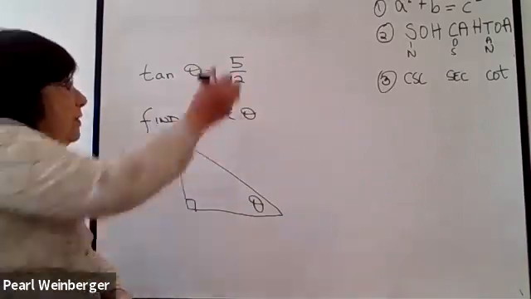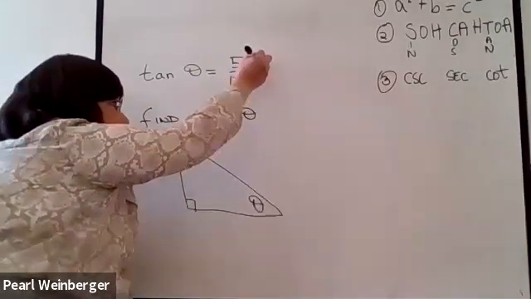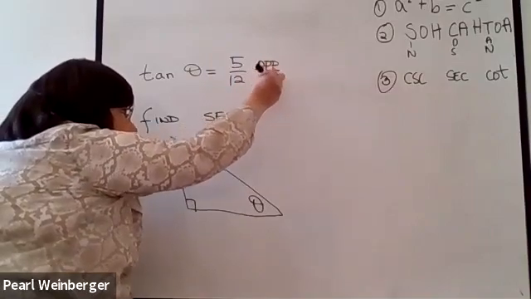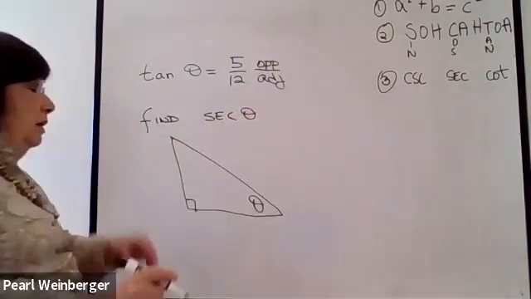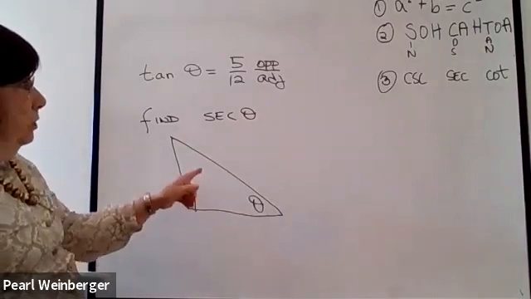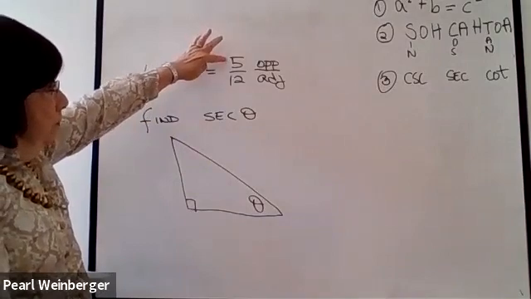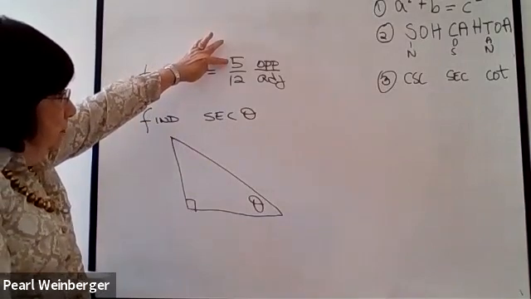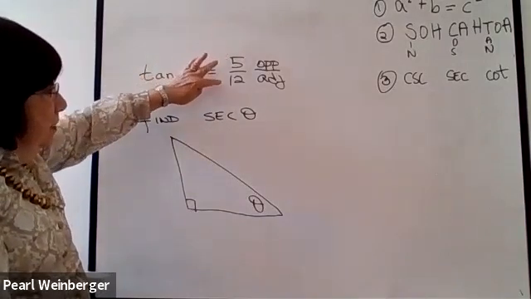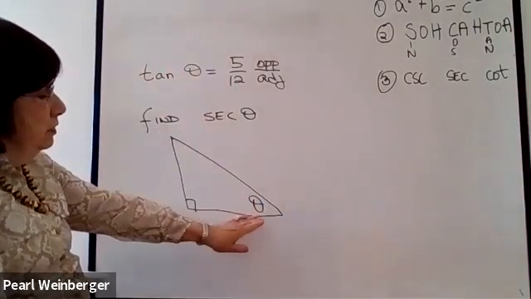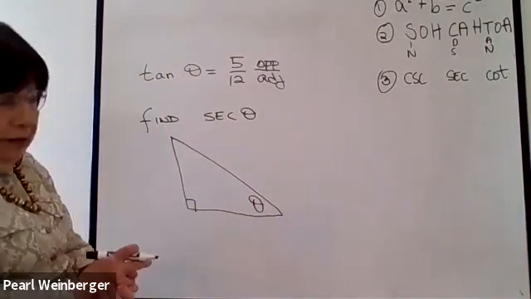And I know tangent is TOA, that the tangent then is the opposite over the adjacent. That's what TOA stands for. So that means in my triangle, I can pick the opposite side to be 5 and the adjacent leg to be 12.